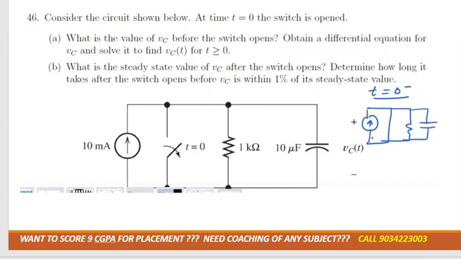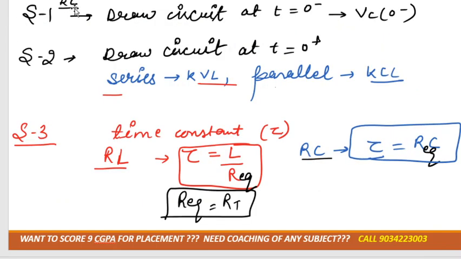Now tell me, in this particular case, is there any current flowing through the capacitor? Then why is the current zero? So from here, what we need to calculate is the capacitor voltage, VC of 0 minus.